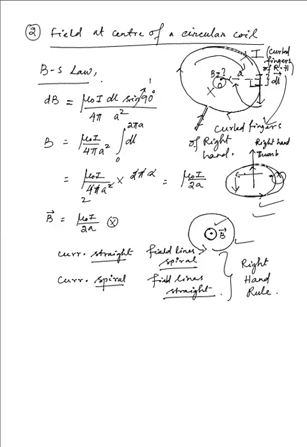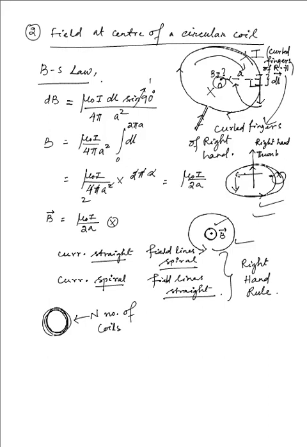Now, this is the field when we are considering a single coil. Now, as you know, we can have coils one over the other. So these are n number of coils, and obviously they will be carrying current in the same direction.